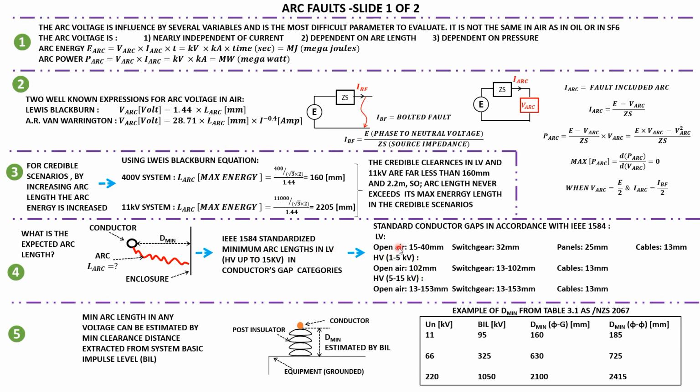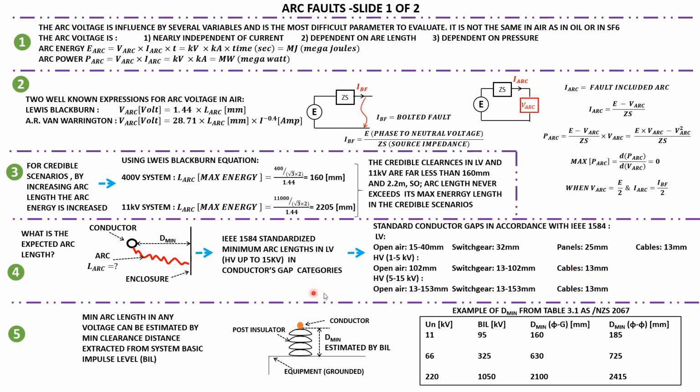So basically, in IEEE 1584, between 15 to 40 millimeter is open air, we are expecting this distance. In switchgear, we are expecting 32 millimeter. In panels it is 25 millimeter, and for cables 13 millimeter. And you see even in the HV system, up to 15 kV, it doesn't touch the value of the cable.